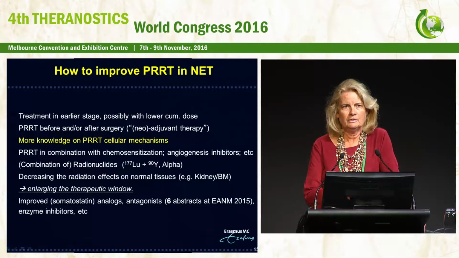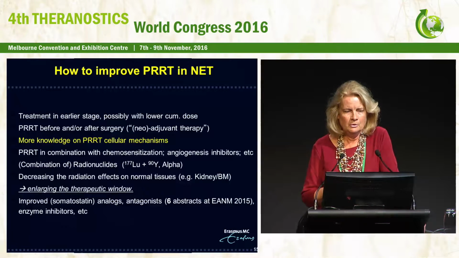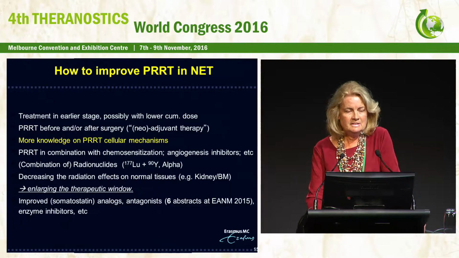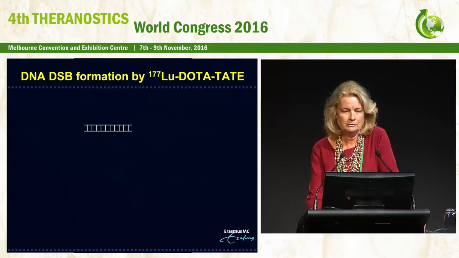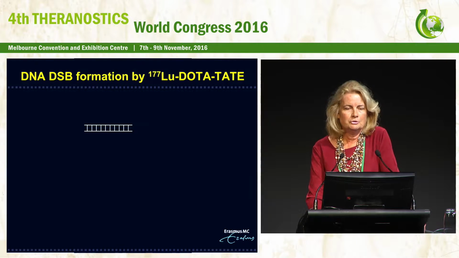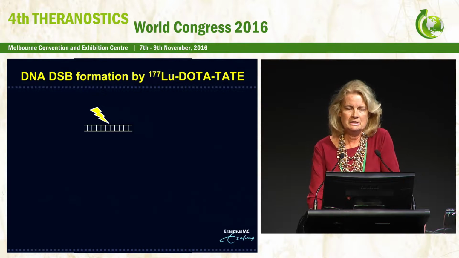So this is from the past, but also we would like to look at the future. So we have our own list of proposals on how to do better. And one of the important things is that we are convinced that we need more knowledge on the PRRT cellular mechanisms. So we heard already about the double-stranded break formation after lutetium dotaoctreotide in the DNA.